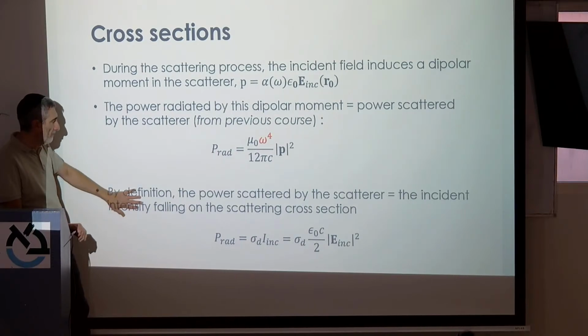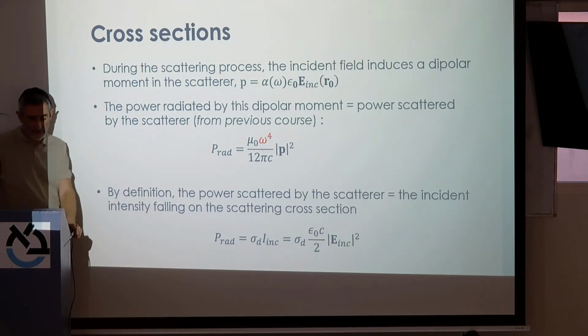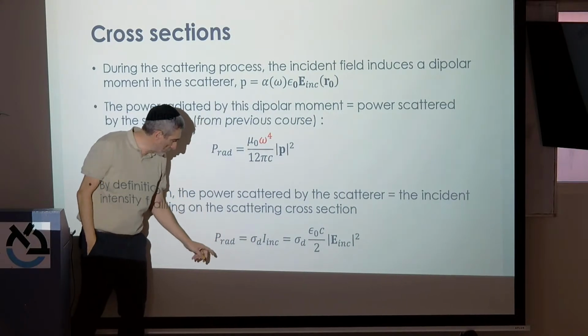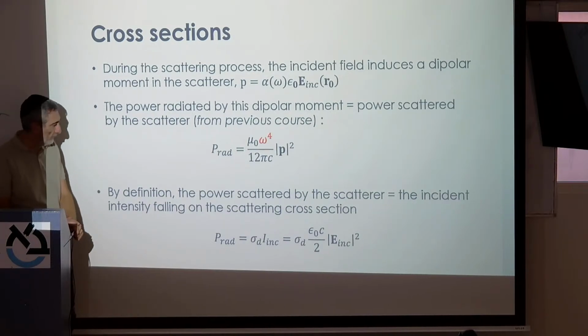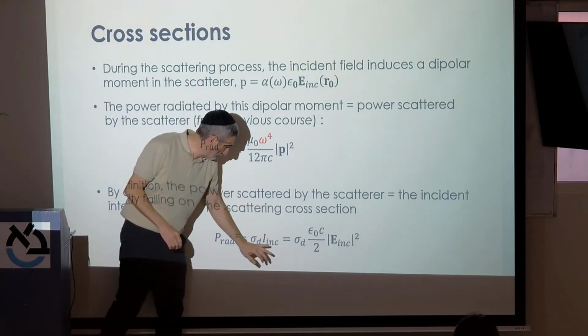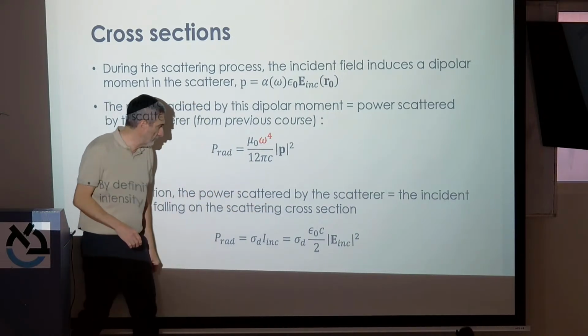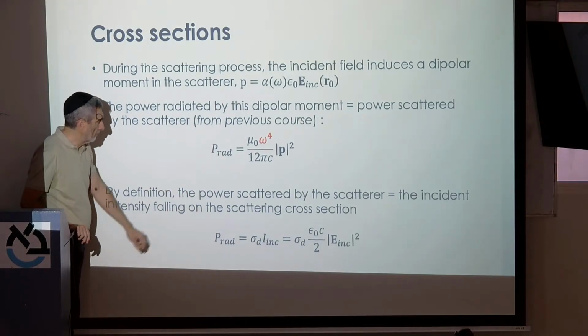We defined the cross section last time. By definition, the power scattered by the scatterer is equal to the incident intensity falling on the scattering cross section. This intensity is given by E squared with some constant in front of it. So you can replace that and calculate sigma from this expression.